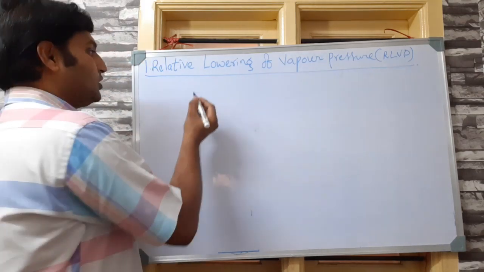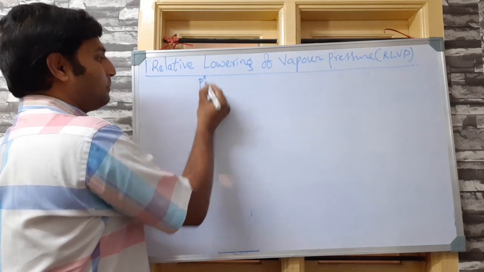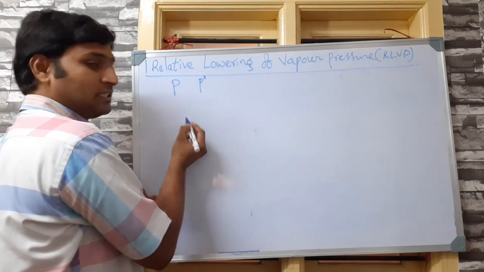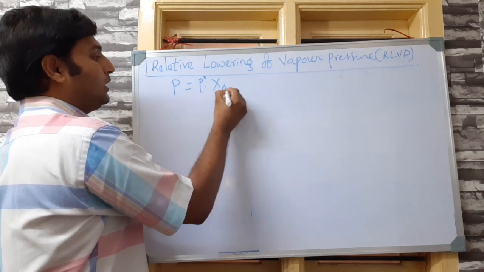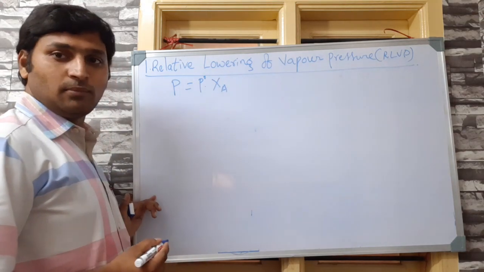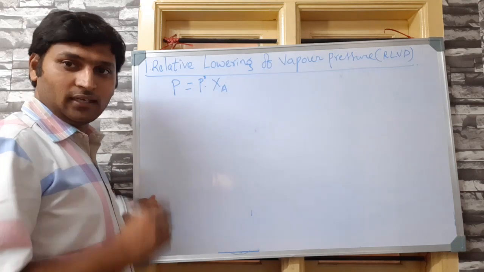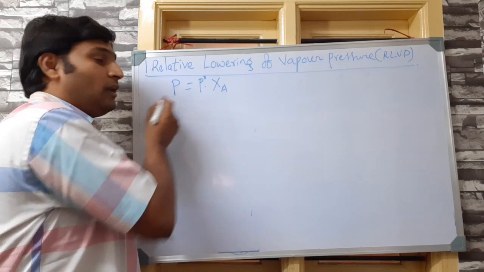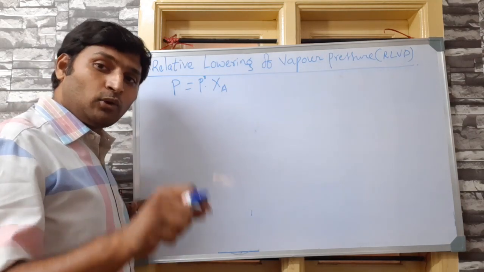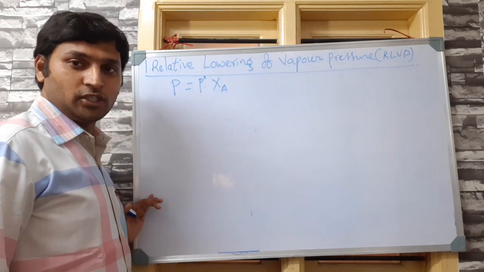That day we assumed the vapor pressure of pure liquid as P0 and the vapor pressure of solution as P. Then we understood, as per Raoult's law, P is equal to P0 into XA, where XA is the mole fraction of solvent. The more the solvent, the more the vapor pressure of that solution. The more the solute, the less the vapor pressure.